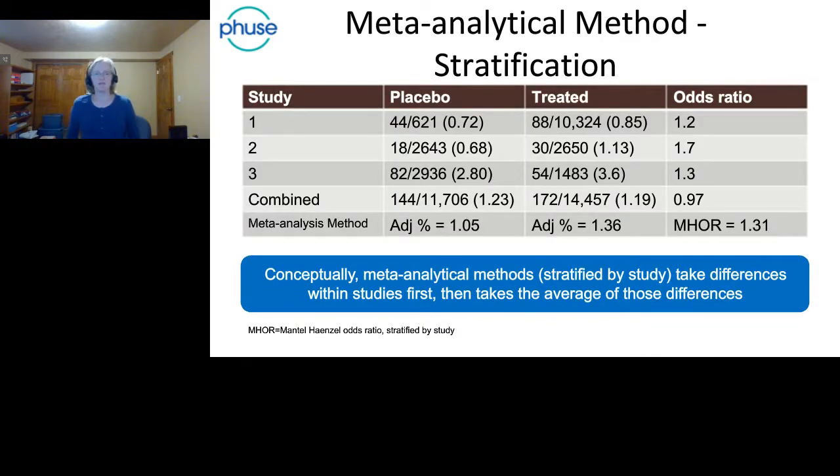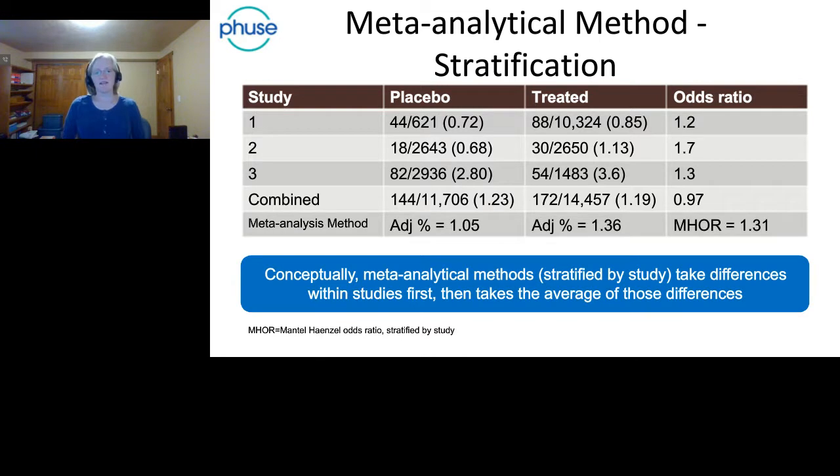All right, so how do we fix this problem? How do we avoid Simpson's paradox? You use a meta-analytical method, and that is done through stratification. Use a method that stratifies by study. A meta-analytical method basically means you look at your individual study data first.